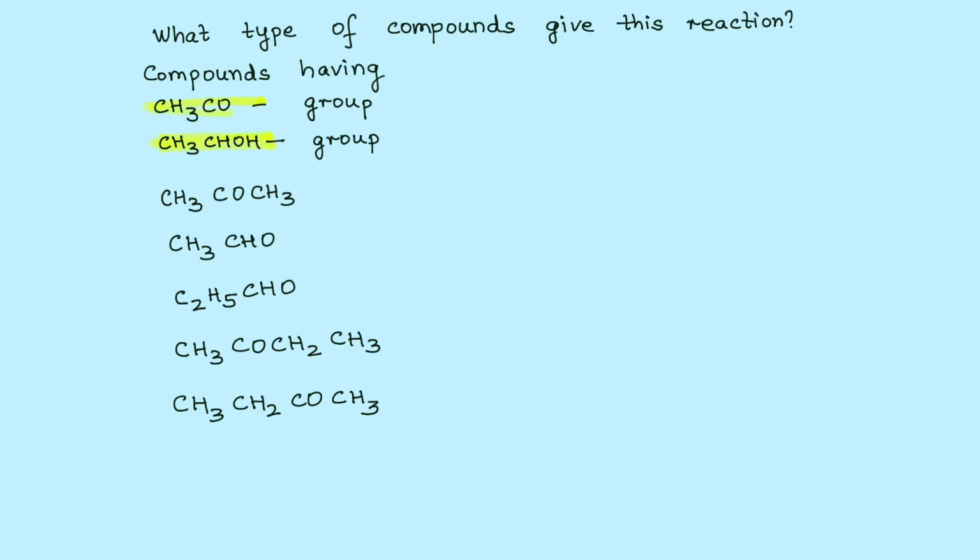Why are compounds having the CH3CHOH group able to give this reaction? Because under the conditions of the reaction, they actually get oxidized to the CH3CO group. What functional group is this? Yes, it's an alcoholic group, right? So we know that alcohols are oxidized to carbonyl compounds, CH3CO. But do all alcohols give this reaction? No. Only alcohols having the CH3CHOH group.